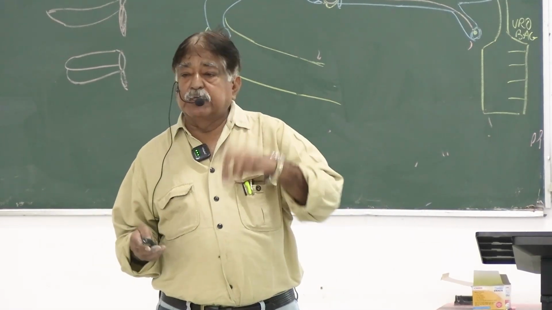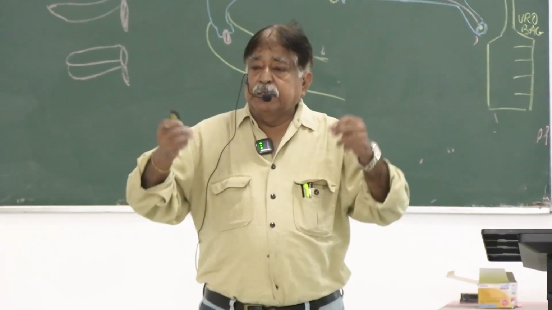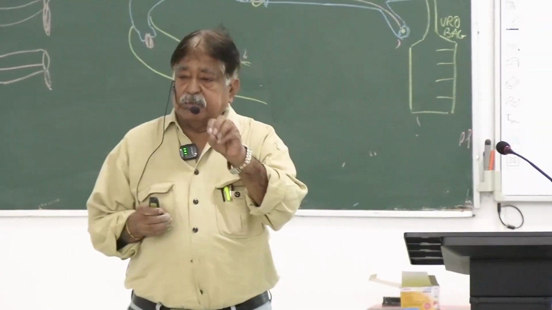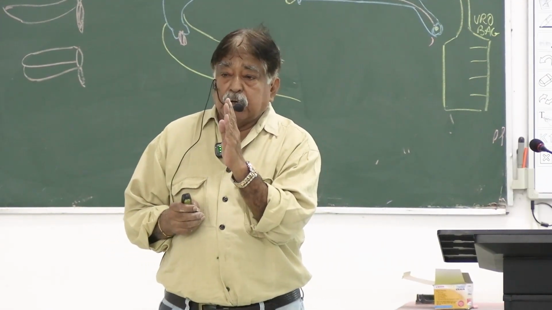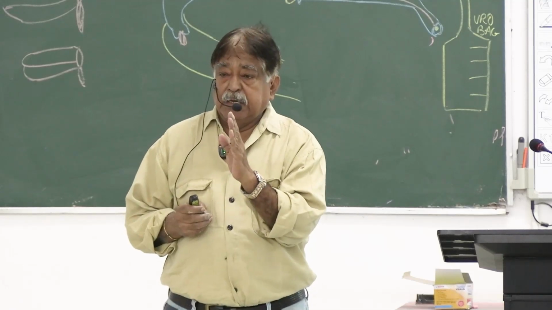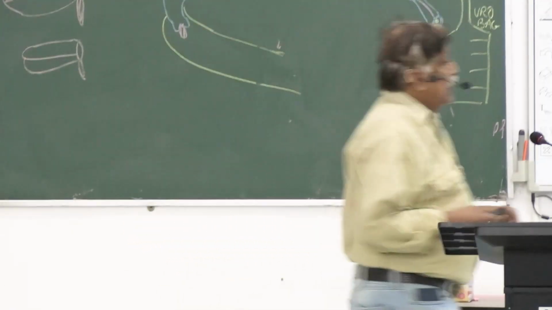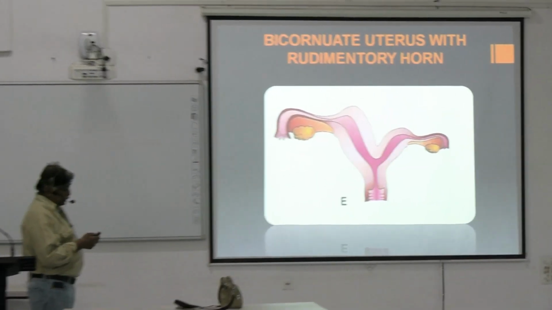That is a dye pushed into the uterine cavity to see if there is any blockage in the tubes or any abnormal mass is there or something like that, or the uterine cavity is not having much space. That can be seen by hysterosalpingography. Now bicornuate uterus with rudimentary horn.